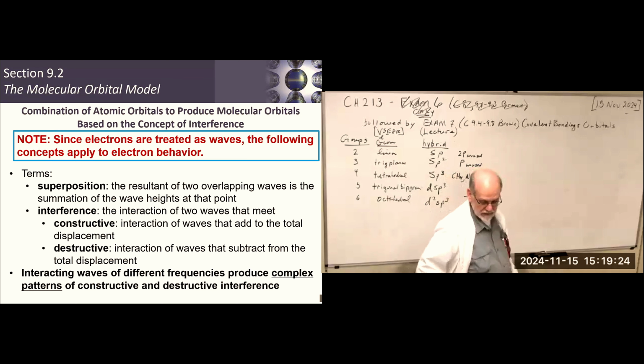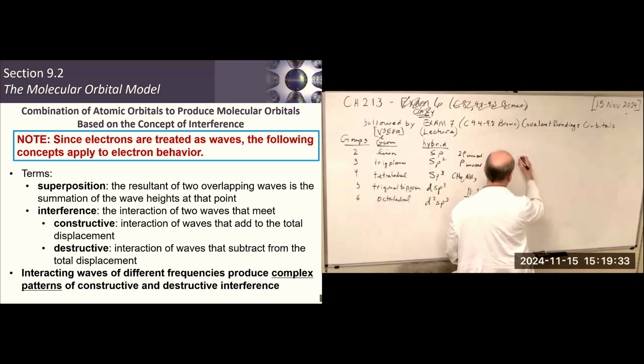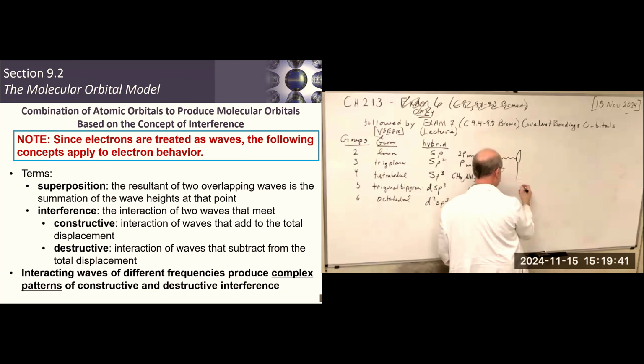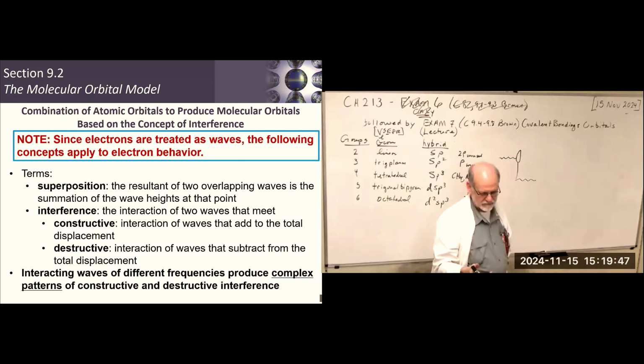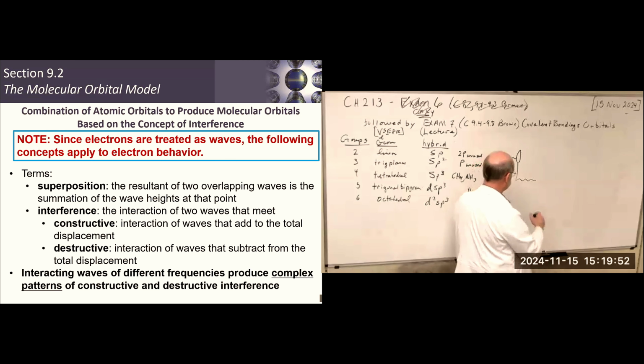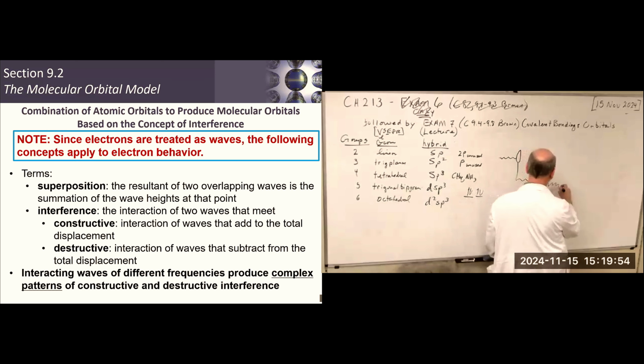In fact, when you listen to the radio, say someone's talking into this microphone, right? And they talk with a wave here. It's converted into an electrical signal, and that electrical signal is superposed on a carrier wave that might be like this.